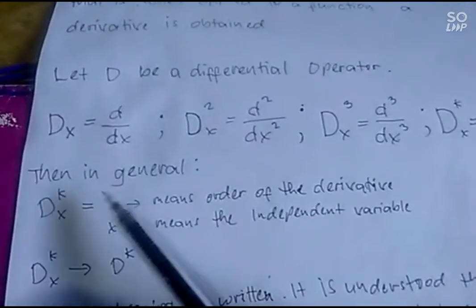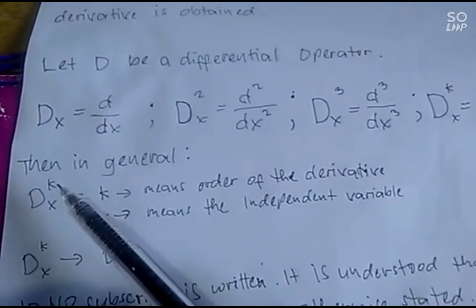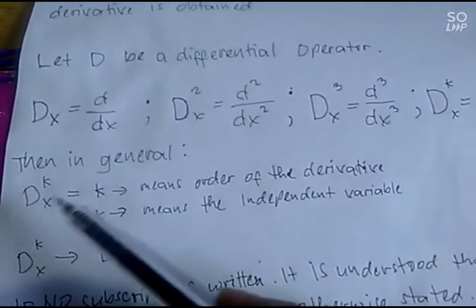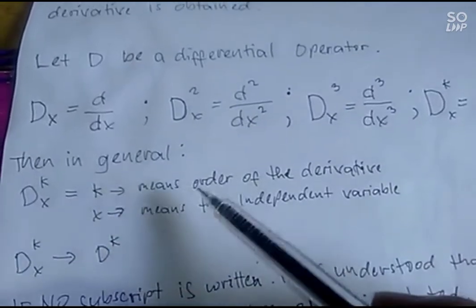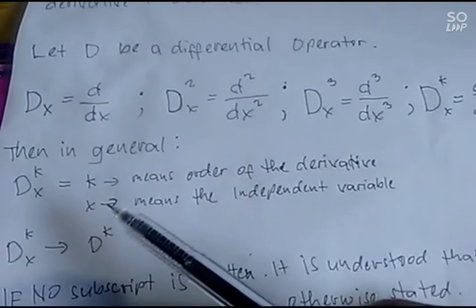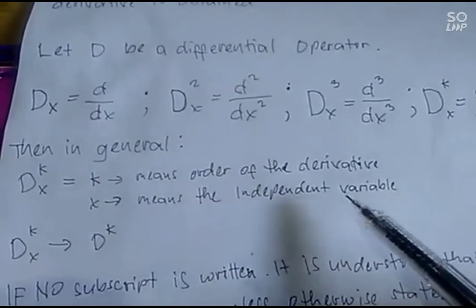So in general, in D with superscript k and subscript x, the k means the order of the derivative, and the x means the independent variable.